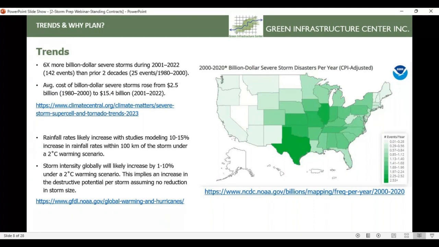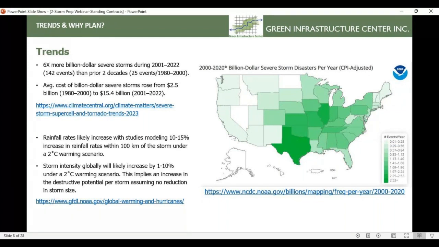You can access a lot of this data at those links. The scientific research is also really indicating that rainfall rates are likely to increase, with studies modeling between a 10 to 15% increase in rainfall rates within 100 kilometers of the storm if we examine this under a 2 degrees Celsius warming scenario. And under that same scenario, storm intensity is likely to increase by 1 to 10%.